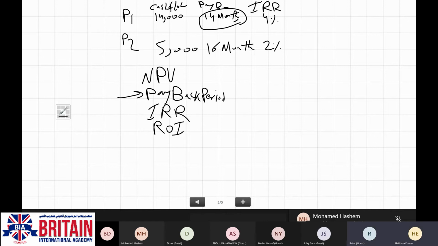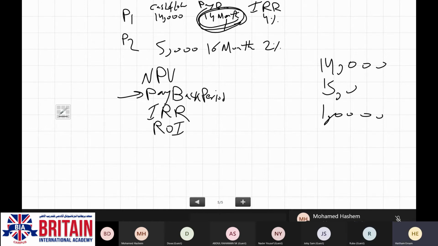For sure, the income is not going to be expressed in months, right? When it comes to the income, it should be expressed as a number, let's say 40,000, 15,000, 1 million, right? But here they are expressing it in months, right? Okay. The payback period.